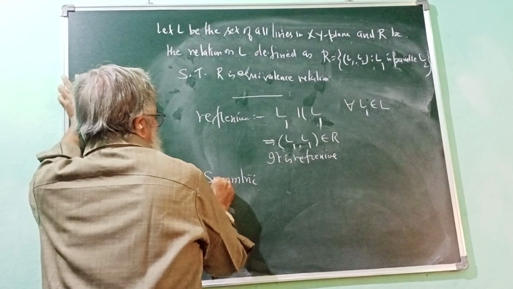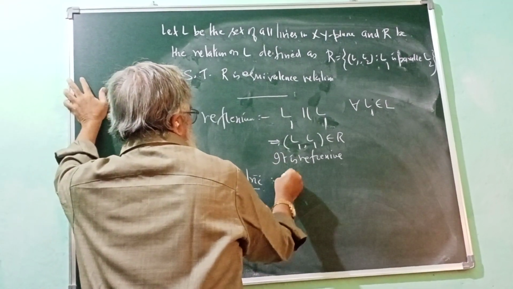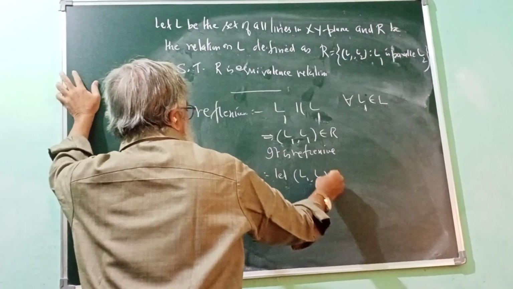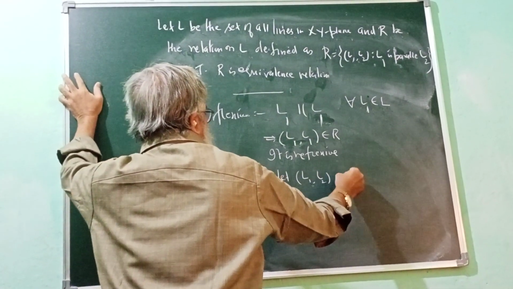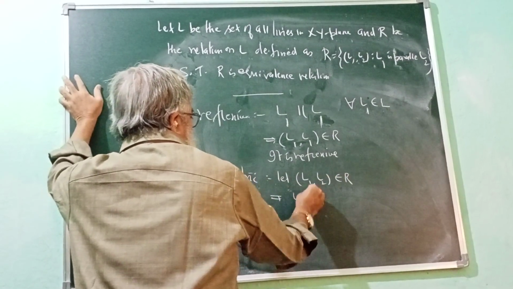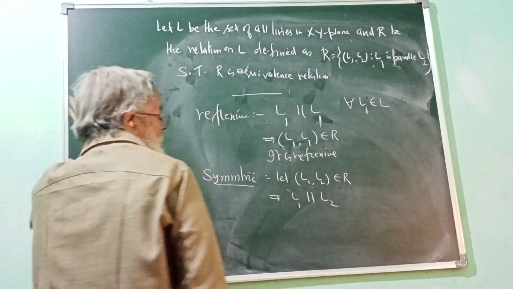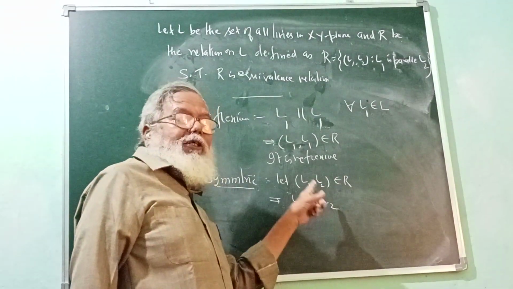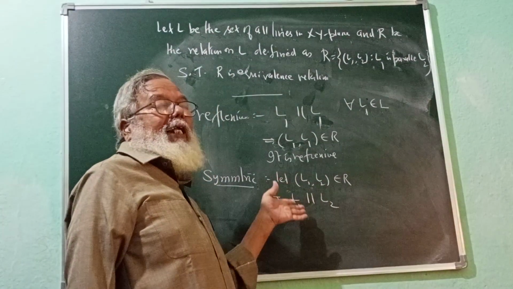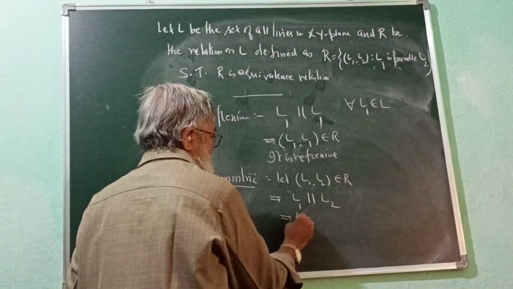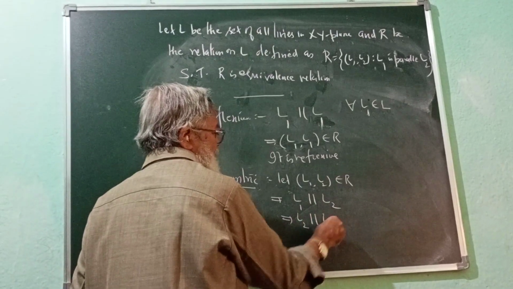For symmetric, let (L1, L2) belong to R. That means L1 must be parallel to L2. When L1 is parallel to L2, automatically L2 is also parallel to L1.